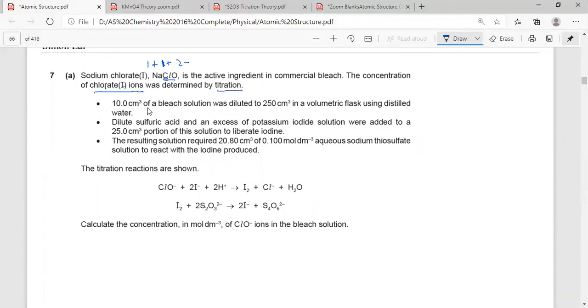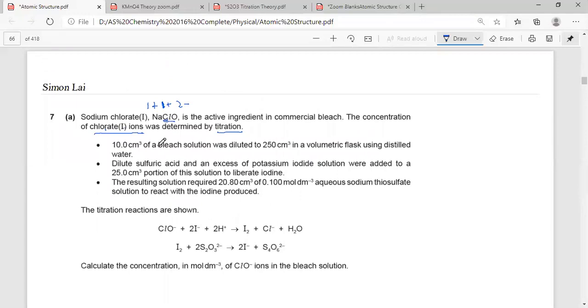Now, again, a picture paints a thousand words. A 10.0 cm cube of bleach solution was diluted. You put it in a measuring cylinder, whatever. The volume is 10.0 cm cube, which means quite accurate. It's a bleach, to be more specific, your NaClO, and put into a 250 cm cube flask.